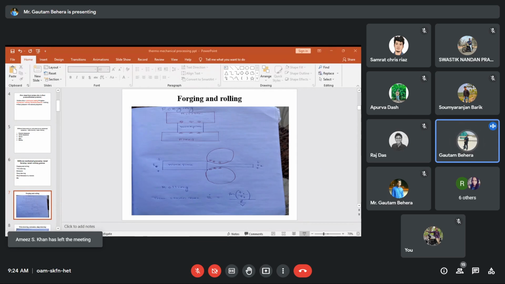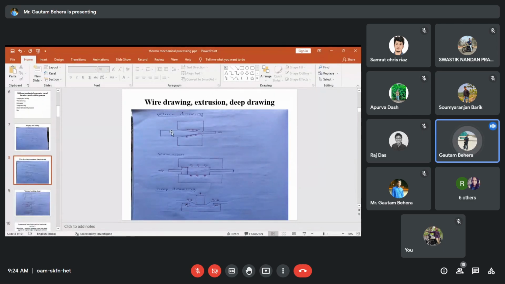Strain rate means strain upon time, right? So time is nothing but length over velocity, or distance over velocity. And strain, we know, is basically the change in the dimension.